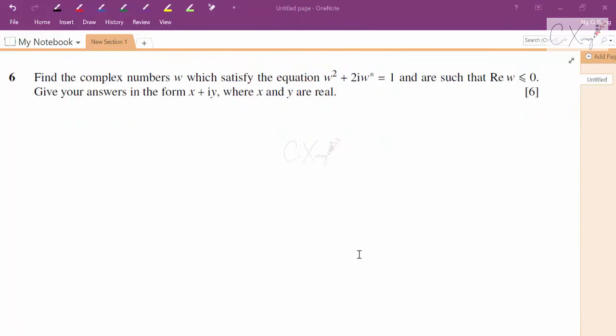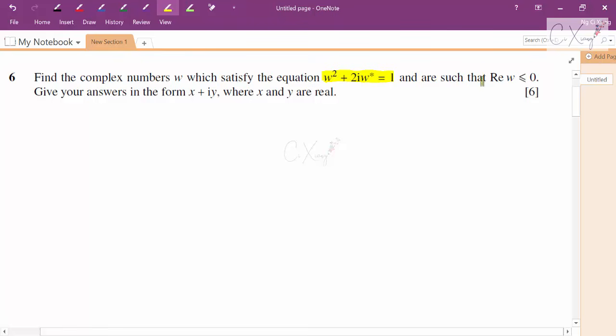Question number 6. All right, so find the complex number W that satisfies this equation, such that the real part of W should be smaller than or equal to 0. Give your answer in the form x plus iy where x and y are real. So maybe you try to have a look at this equation first, and we actually need to get the value of W. In terms of x plus iy, from here you know that W is a complex number.